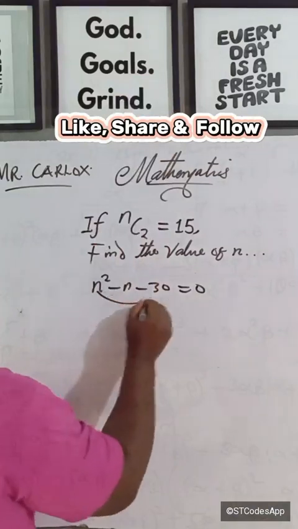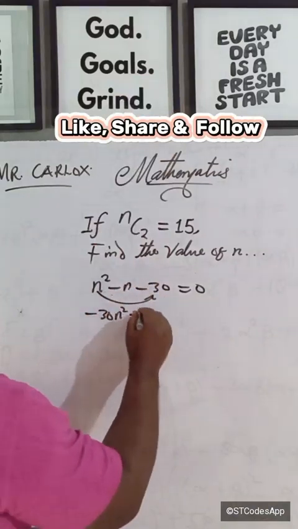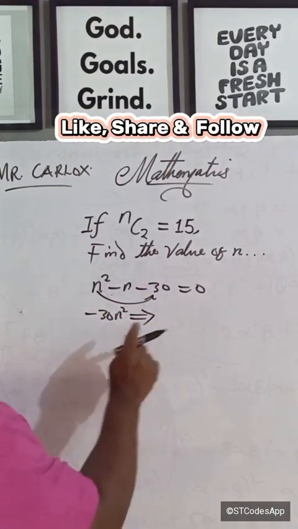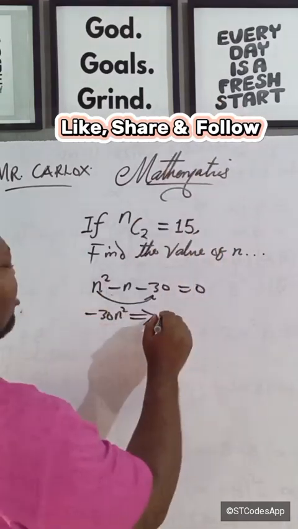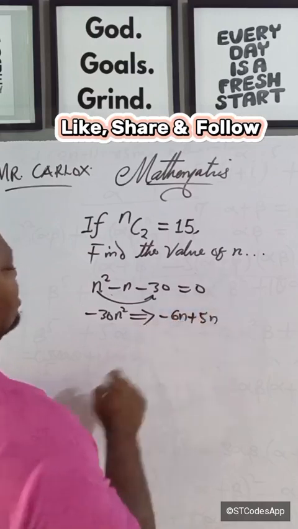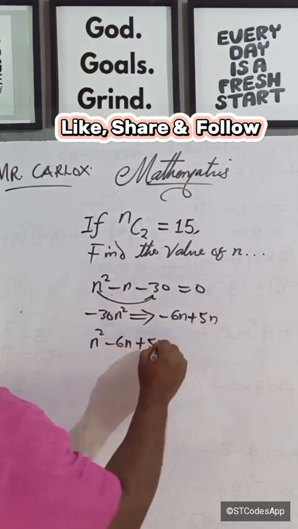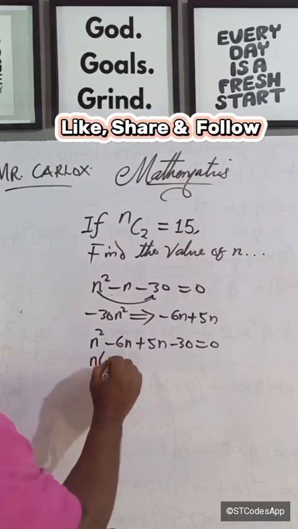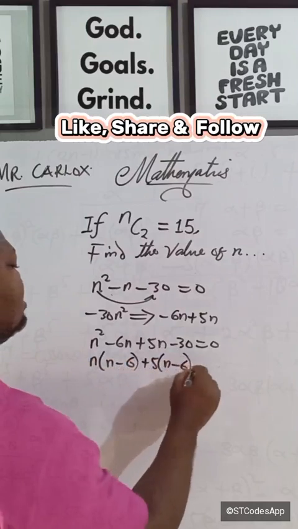If I multiply this times this, I have minus 30 n squared. For 30, 5 times 6 is 30, so I'm using 5 and 6. I have minus 6n plus 5n. So I have n squared minus 6n plus 5n minus 30 is equal to 0. So I have n out, (n minus 6), 5 out, plus 5 (n minus 6) is equal to 0.